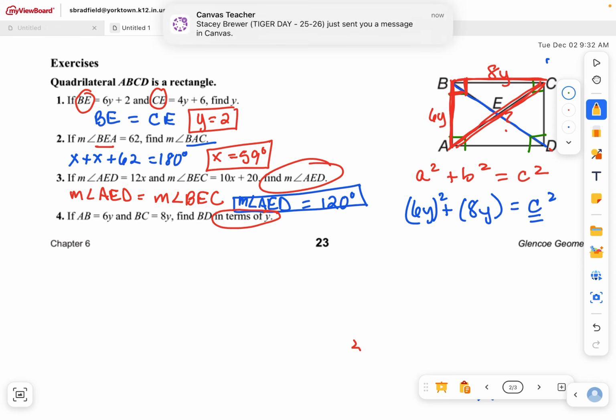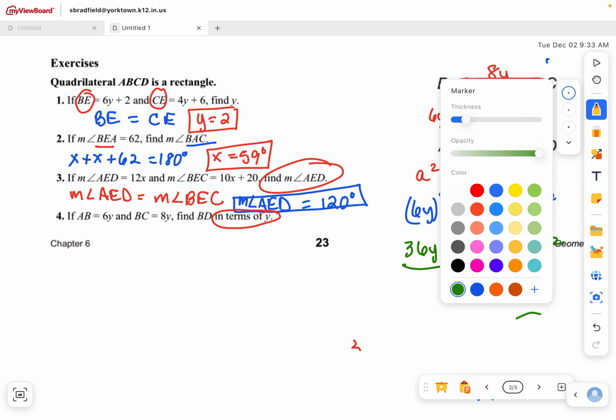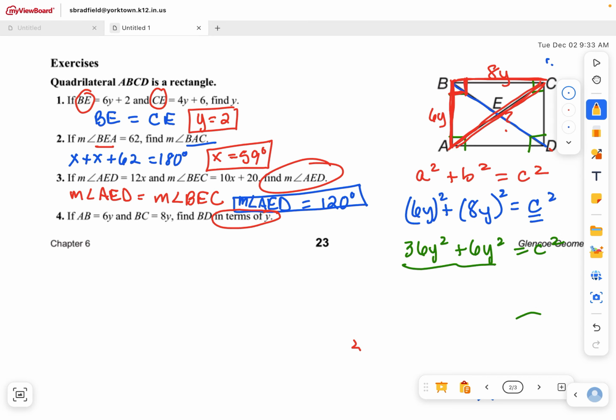I need to simplify a little bit. I've got 36y squared plus 64y squared equals c squared. Now these both have a y squared, so these are like terms, which means I'm going to add them together. And that gives me 100y squared equals c squared. And we're going to take the square root.